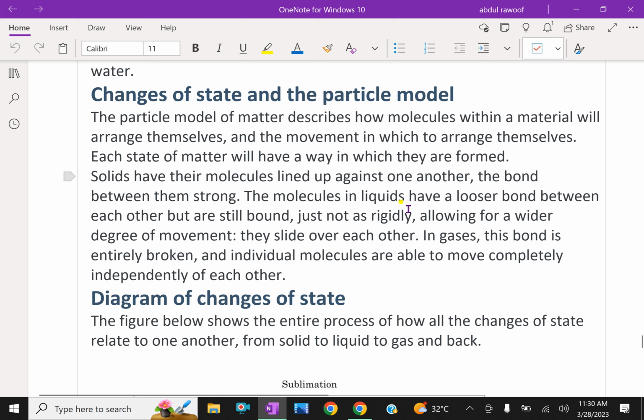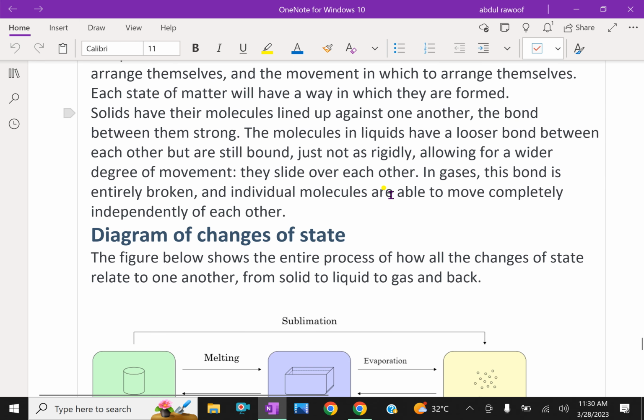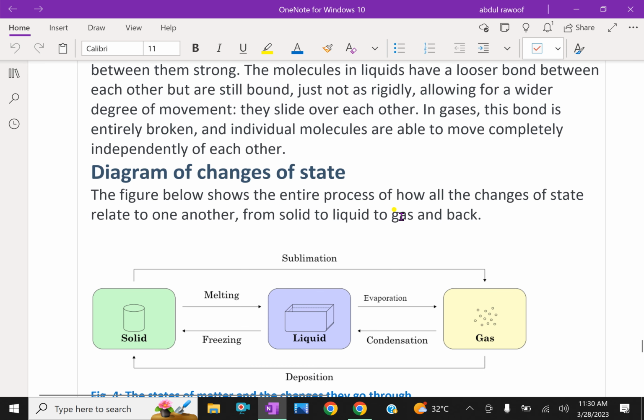The molecules in a liquid have a looser bond between each other but are still bound, just not rigidly, allowing for a wider degree of movement. They slide over each other. In gases, this bond is entirely broken and individual molecules are able to move completely independently of each other.